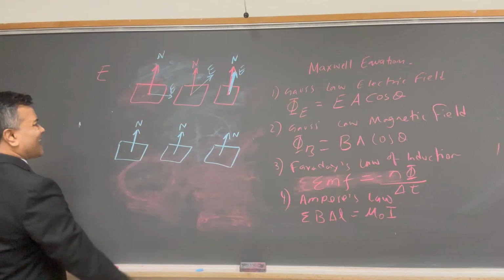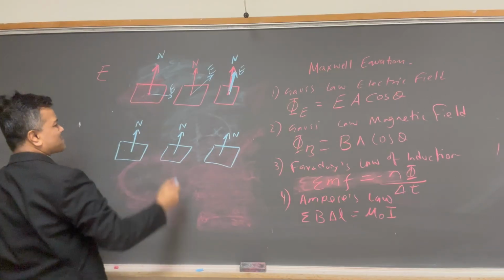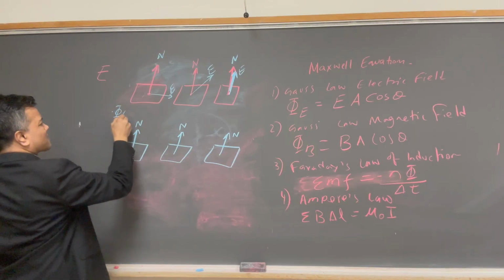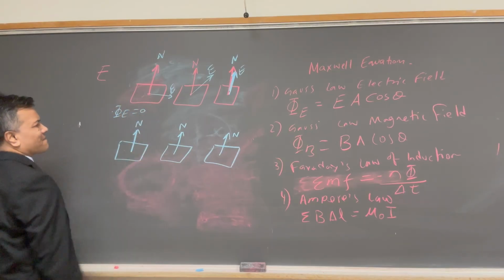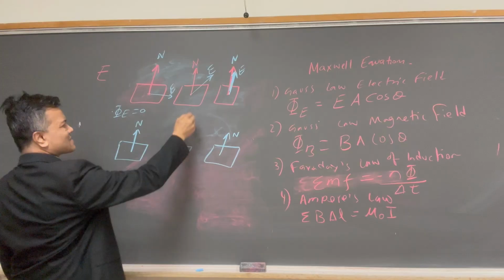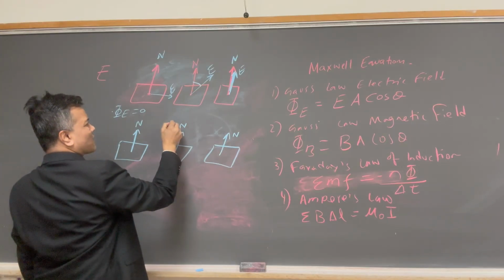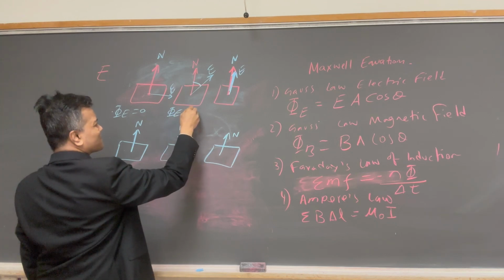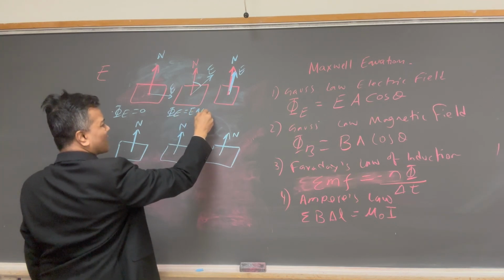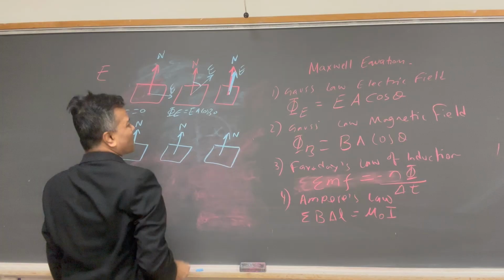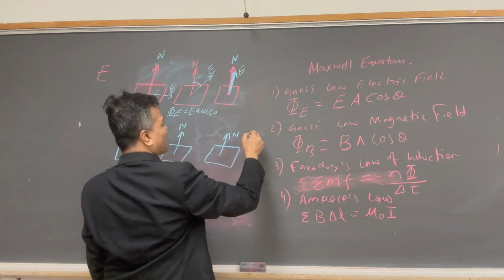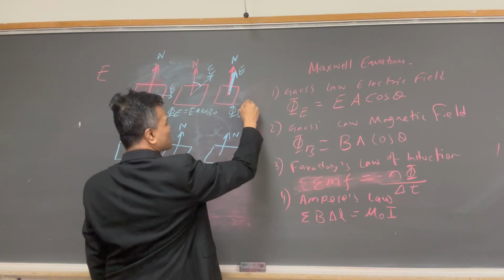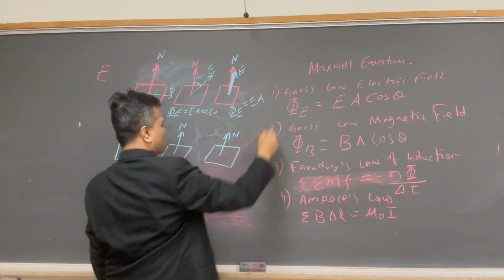Now, when the electric field is perpendicular with respect to the normal, then what is the electric flux? Electric flux is 0. When it is, let's say, 30 degrees with respect to the normal, then electric flux is EA cosine 30. When it is parallel with respect to the normal, then electric flux is just EA, 100%.